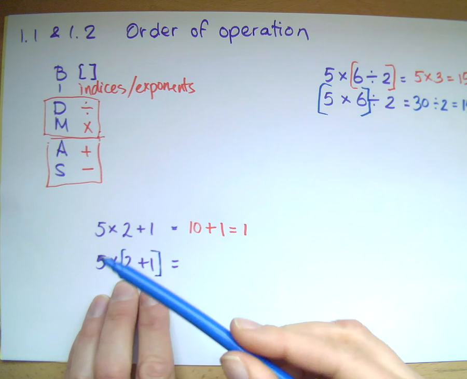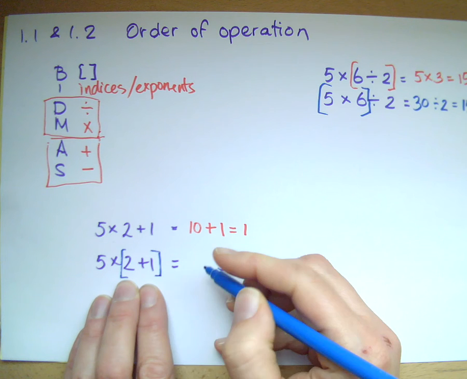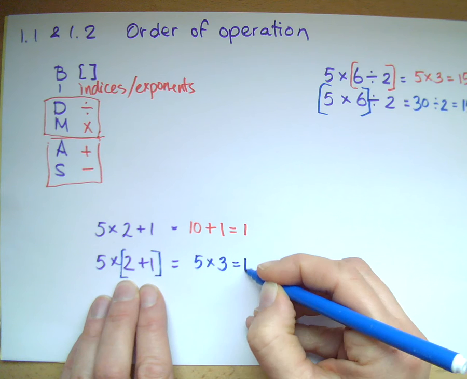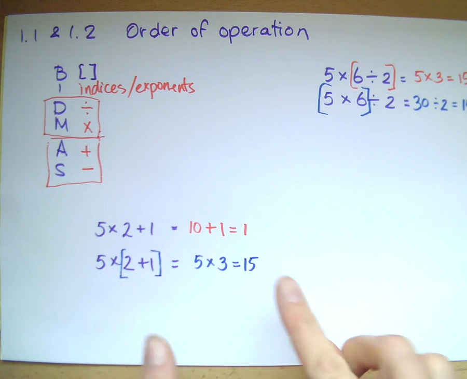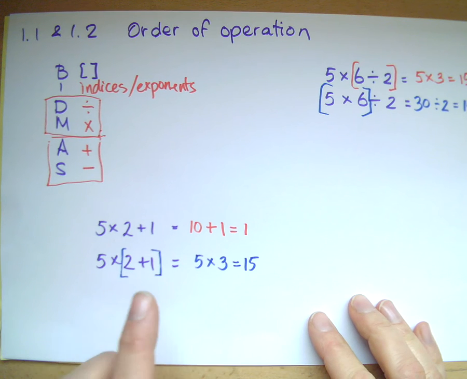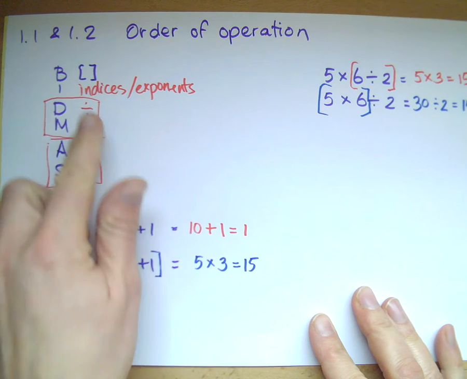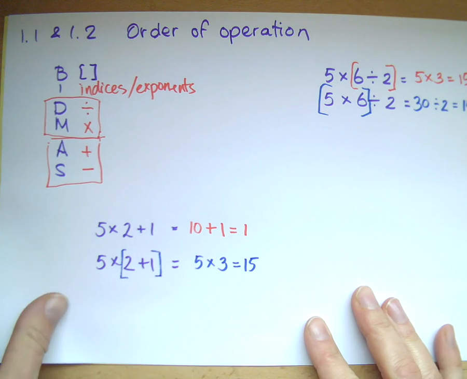So we first do the addition, which is 2 plus 1 is 3. So now we have 5 times 3, and that's 15. So watch for brackets, watch your order and do whatever comes first.